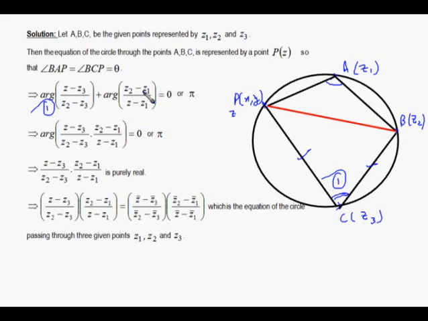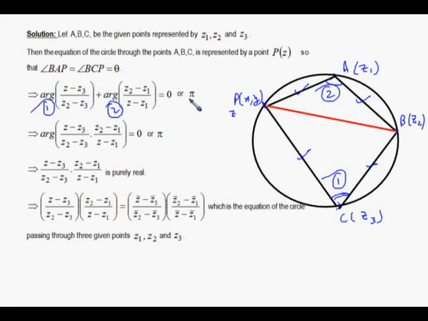Argument of (z2 minus z1), that is this line over here, divided by (z minus z1), that is this line over here. If I subtract the angles made by these 2 lines with the x-axis, I will get this angle number 2. That means angle number 1 plus angle number 2 is coming out to be equal to 0 or pi.